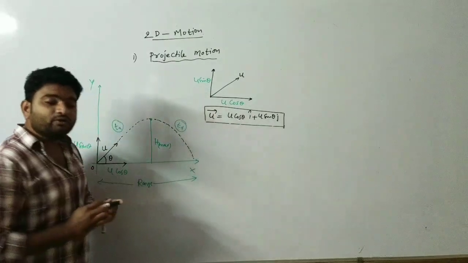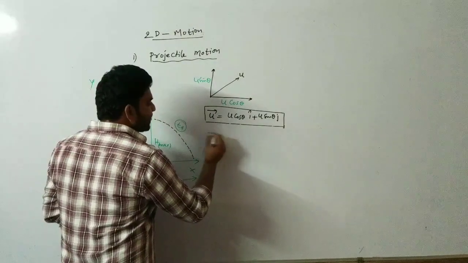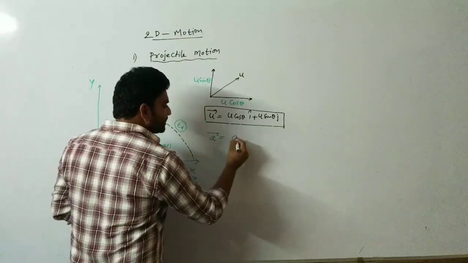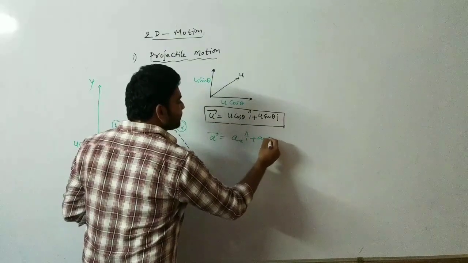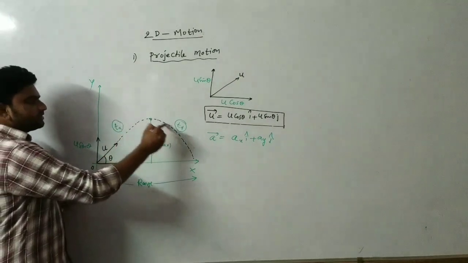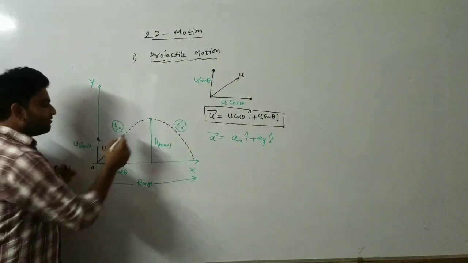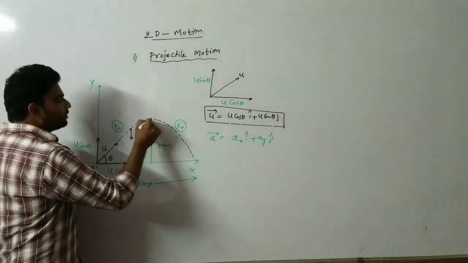Similarly, I want to find the acceleration vector. Generally the acceleration vector is ax into i cap plus ay into j cap. But you can see here, whenever a particle is moving along this path, only the gravitational force is acting, always in the downward direction.